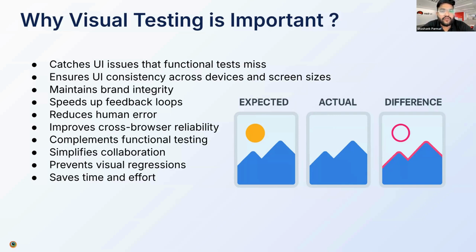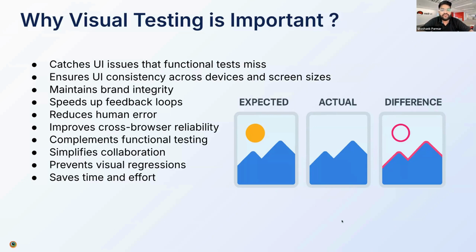Suppose a logo is present on any e-commerce website. The logo is aligned on the login page, cart page, dashboard page, and the logout page. The logo type, as well as the way the logo is presented, should be aligned properly throughout each and every web page. It also reduces human errors and improves cross-browser reliability.